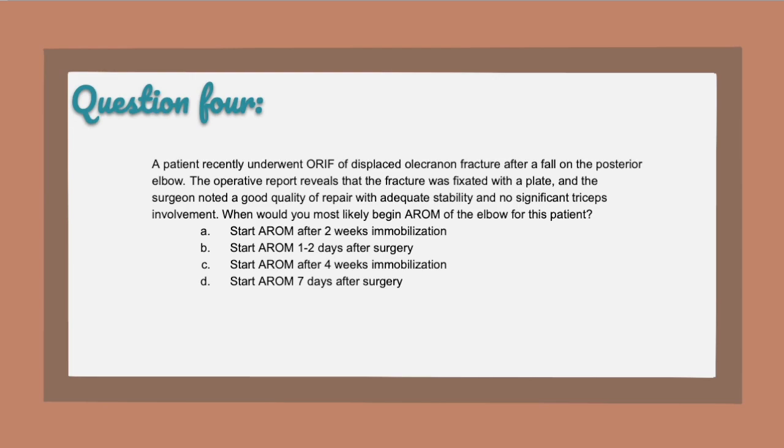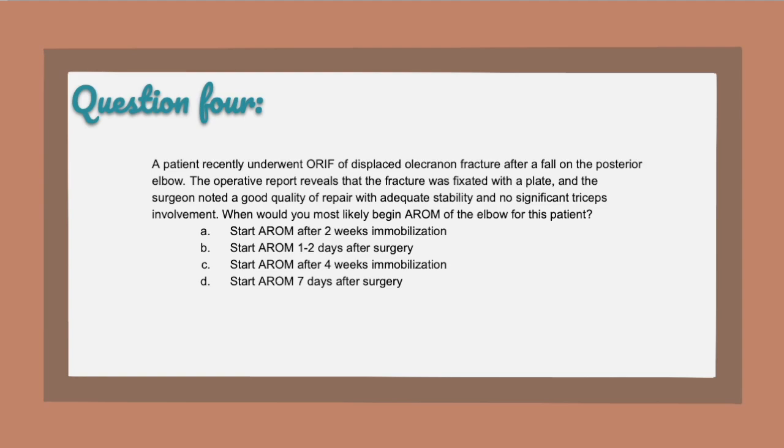Question 4. A patient recently underwent ORIF of a displaced olecranon fracture after a fall on the posterior elbow. The operative report reveals that the fracture was fixated with a plate, and the surgeon noted a good quality of repair with adequate stability and no significant triceps involvement. When would you most likely begin active range of motion of the elbow for this patient?